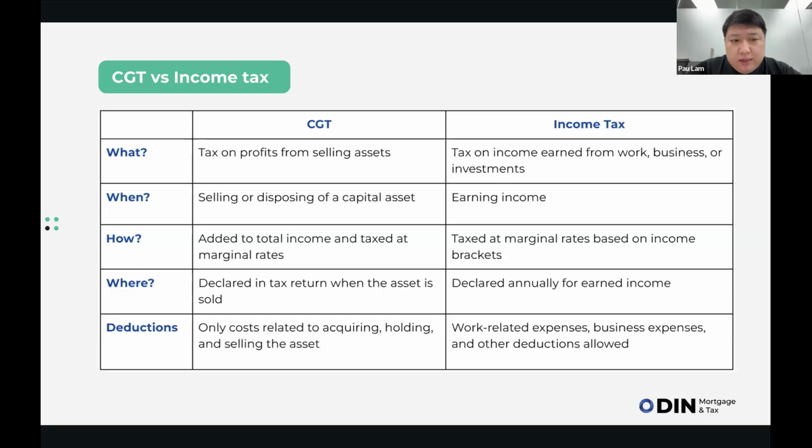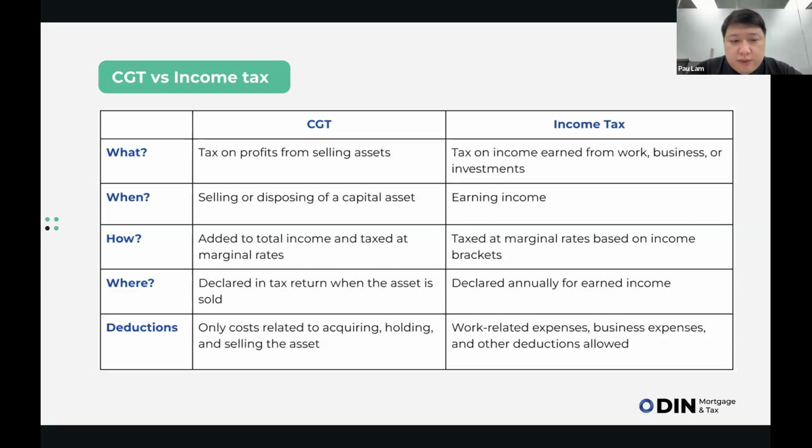It will be added into your income and taxed at the marginal tax rate like normal employment income, all bundled together. For capital gains, you will only declare it when the event happens, when you dispose of an asset in Australia. But other income, like employment income and interest, is likely to be annual income that you need to declare. So we don't need to pay any tax if you're still holding the property.